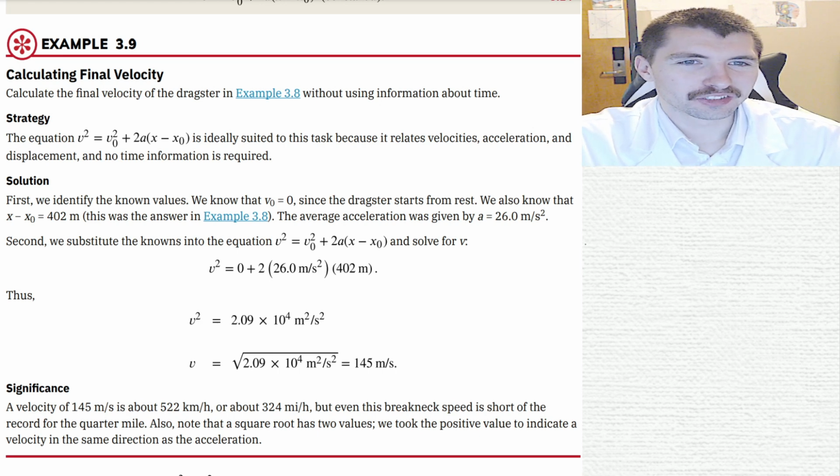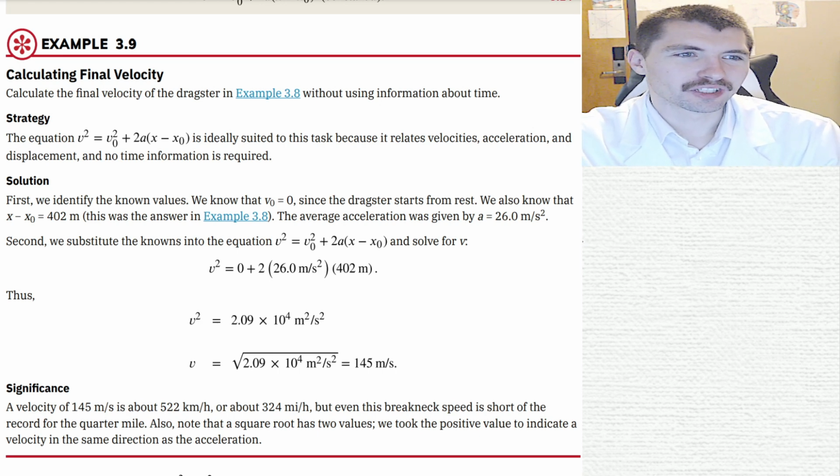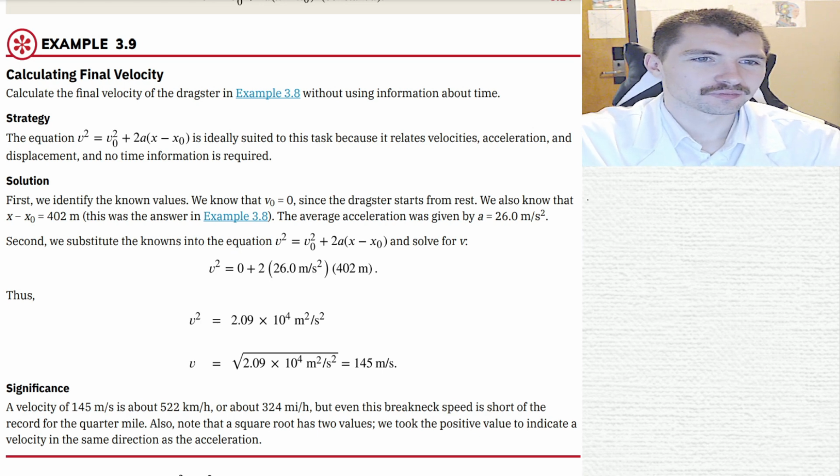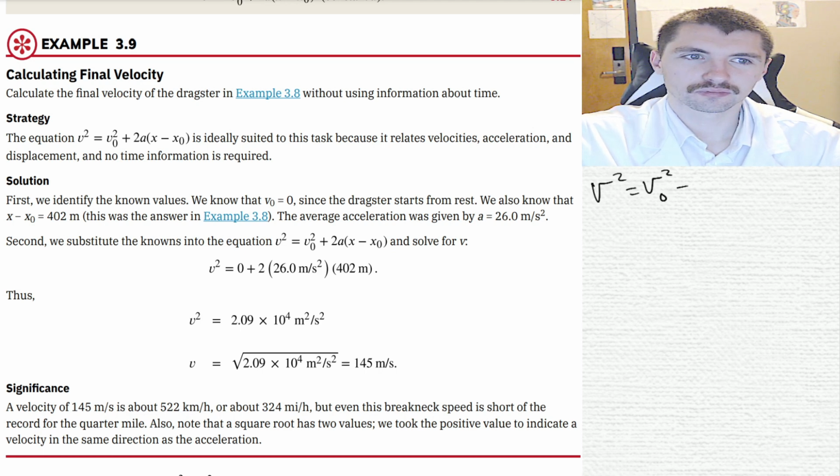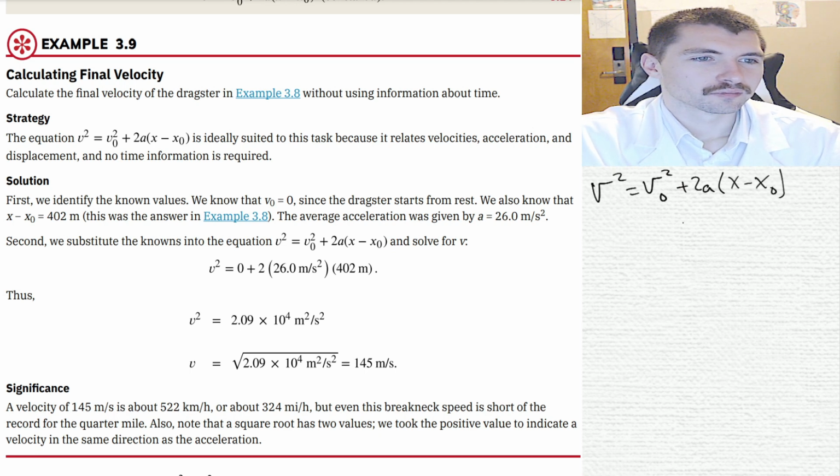Calculate the final velocity without using information about time. So starts at rest, that's 0.